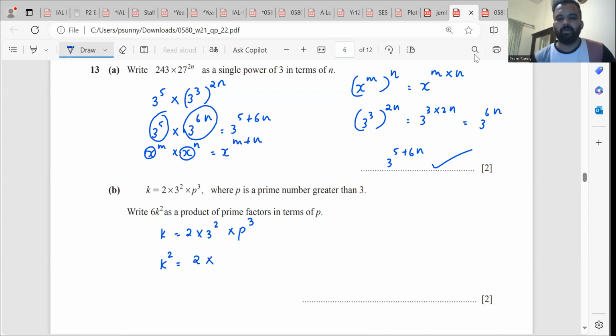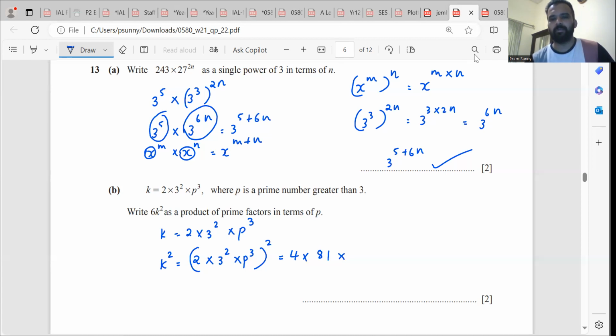k square will be 2 into 3 square into p cube, the whole thing squared. So k square will be this whole thing to the power of 2. 2 square is 4. 3 square is 9. 9 to the power of 2 is 81, into p to the power of 3 to the power of 2.